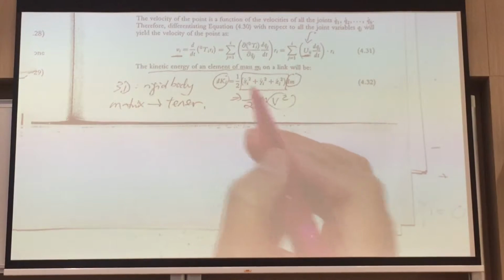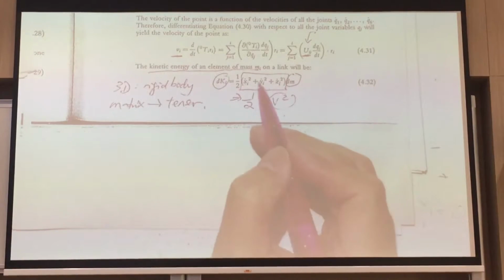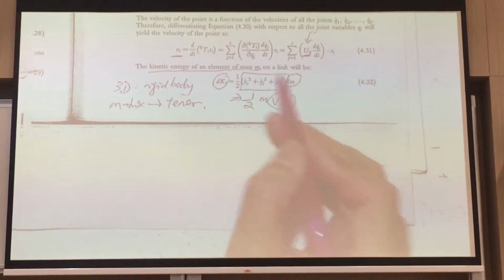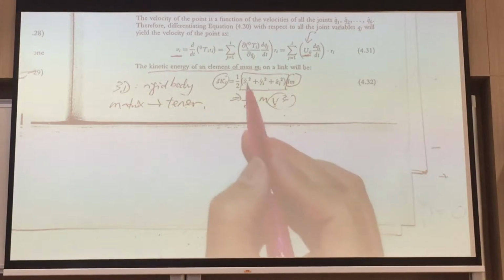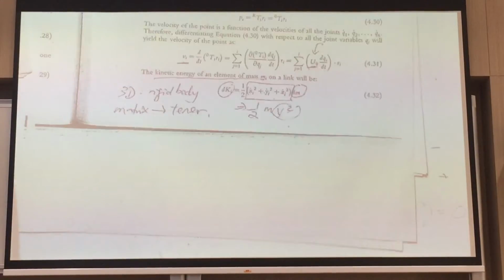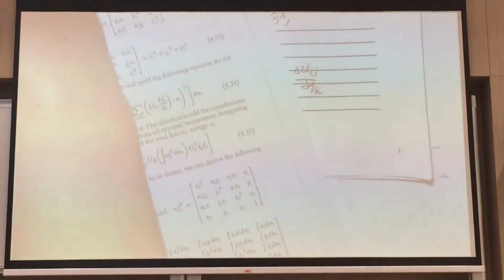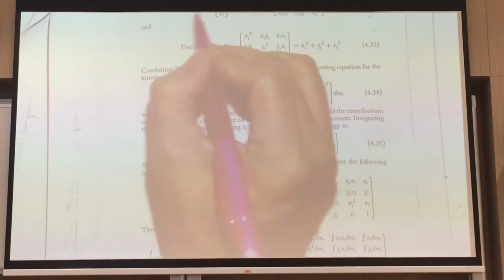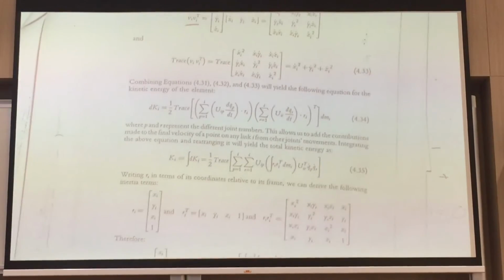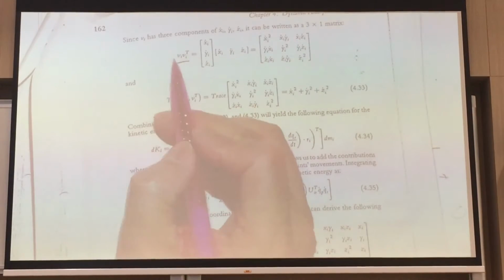So you have the x, you have the y, you have the z component. So all the magnitudes, you take the square. The sum of them will be your v squared. And these 3 components here, if we put in matrix form, v squared is given by v multiplied by v transpose.